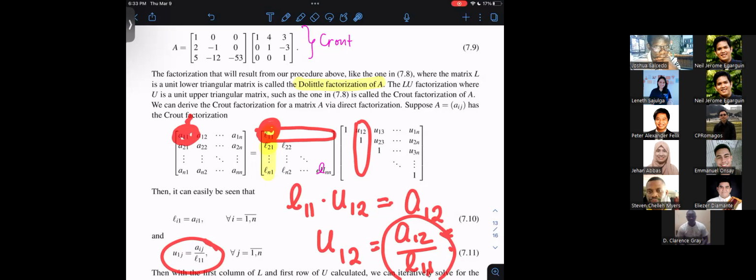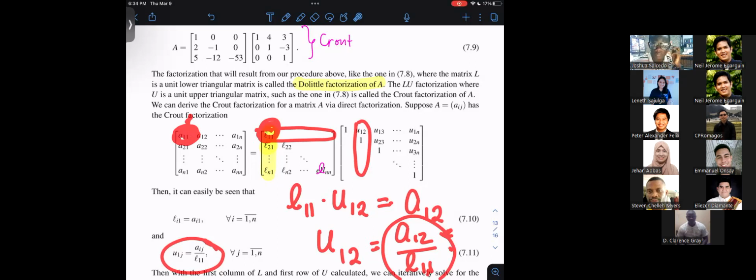That's why I was telling you earlier that we don't need to perform the checks per theorem 7.4, right? Because it will manifest itself in the calculation process. So if there's a division by 0, of course, your program will give you a warning or an error message. Then you will know that there is no LU factorization.